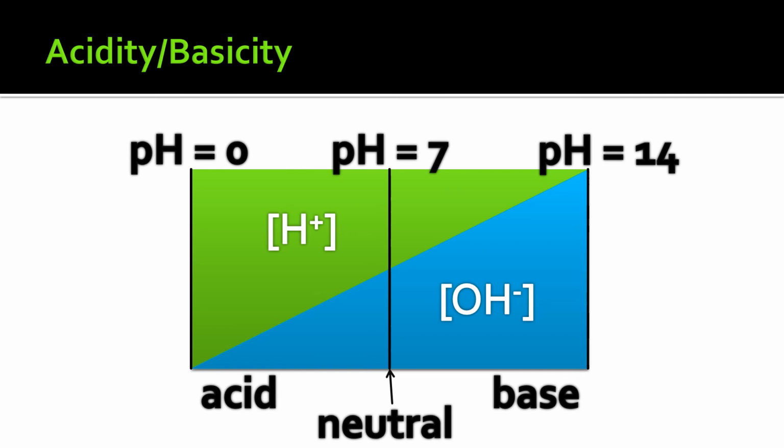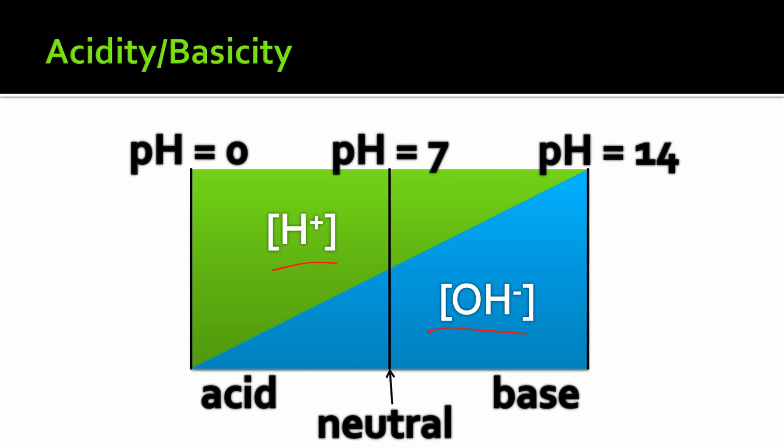Be sure to label the region that between 0 and 7 is considered to be acid, between 7 and 14, base. And in the middle, y'all, neutral. Be sure to label this. This is not included in your graphic.